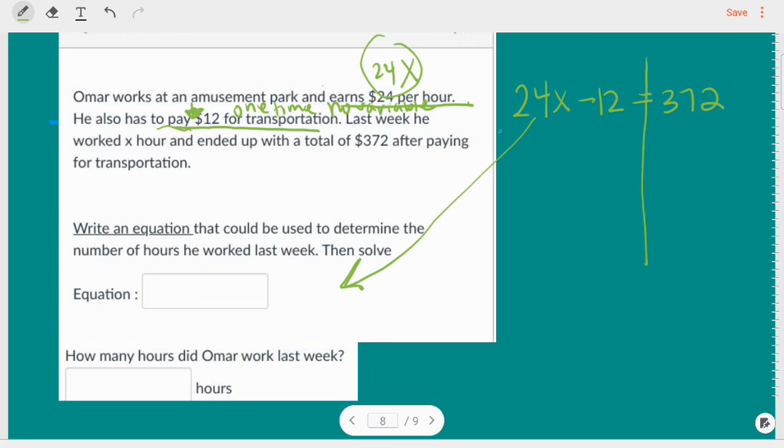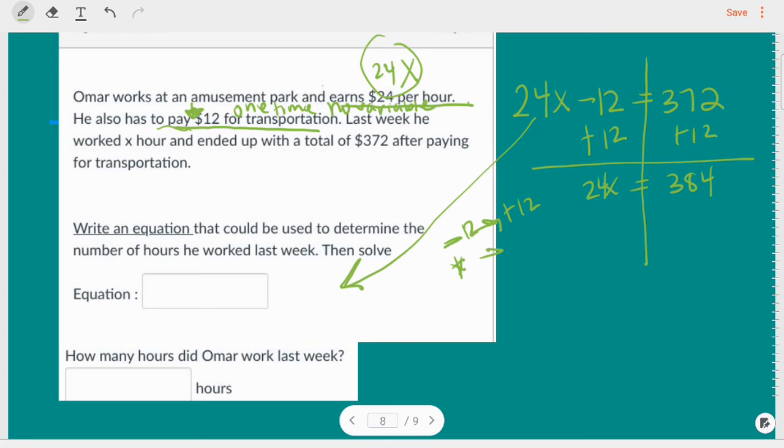I'm going to draw my line, identify my operations. I've got subtraction and multiplication. I'm going to undo subtracting by 12 by adding 12. Let's go ahead and do that first. 24x is equal to 384.